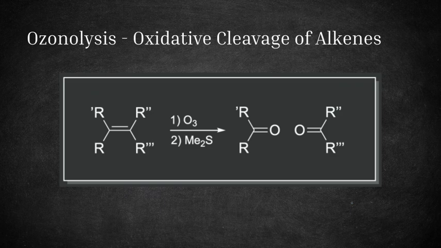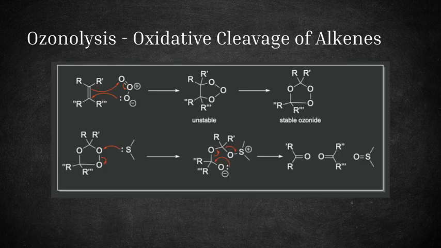Let's discuss the mechanism of this reaction. For the purposes of this video and the course, we will be using dimethyl sulfide as our reducing agent in the second step. In the first step of ozonolysis, the pi electrons of the alkene attack one of the terminal double-bonded oxygen atoms in ozone, O3, transferring the pi electrons from the oxygen-oxygen bond to the central oxygen atom.